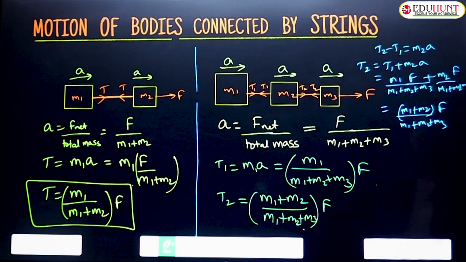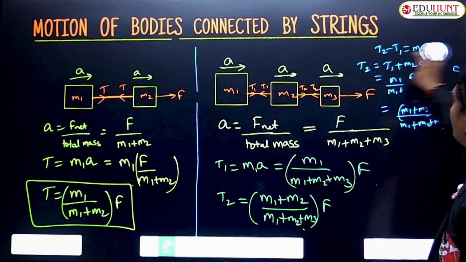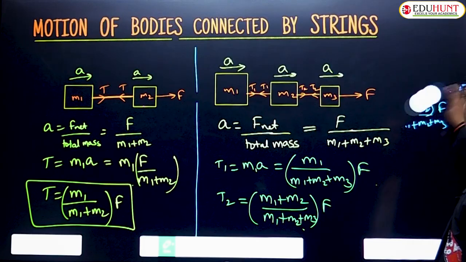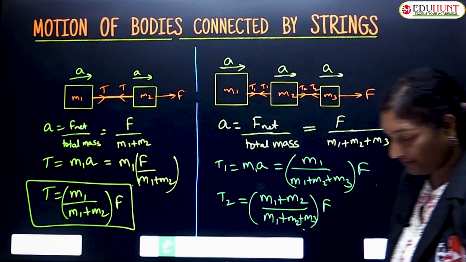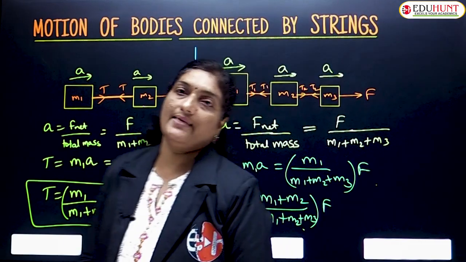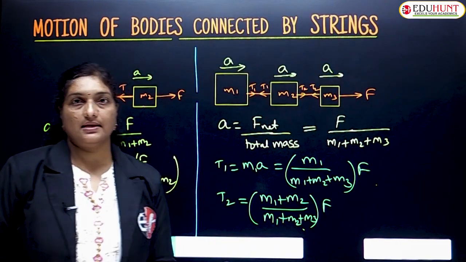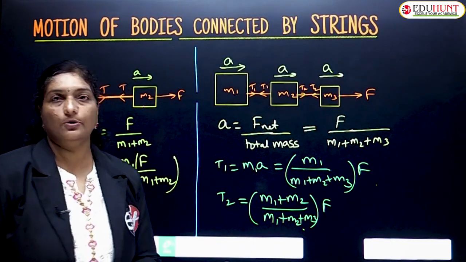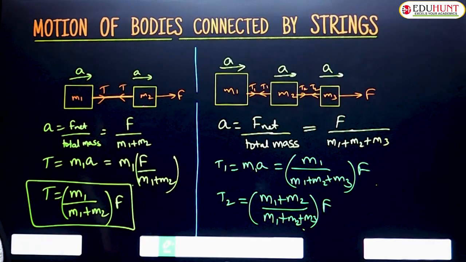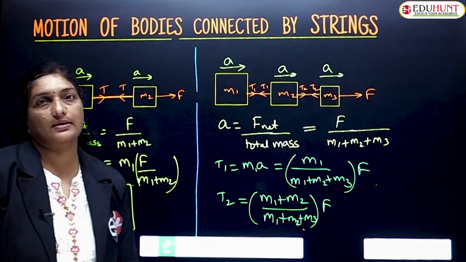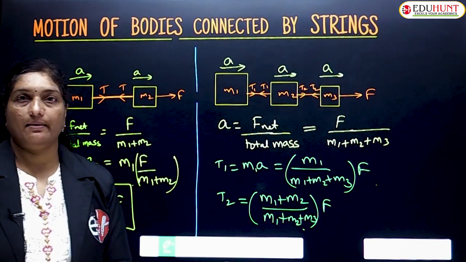So, you got the same result, okay, children? Hence, you can find the values of acceleration as well as the tension acting in the string according to the given numerical. Now let us try to understand similar models with respect to bodies connected with the help of strings.